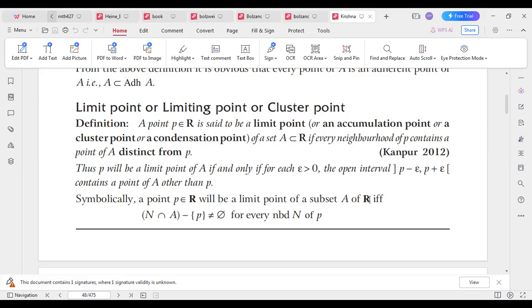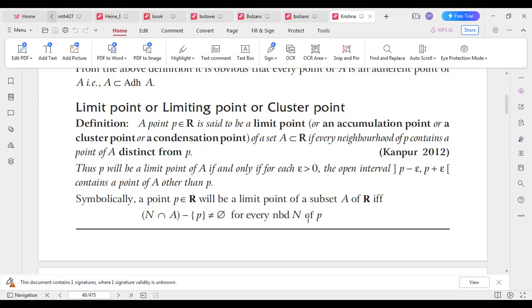N intersection A, but you have to take the difference, or delete the element P. If we delete the element P, then the set will be non-empty.